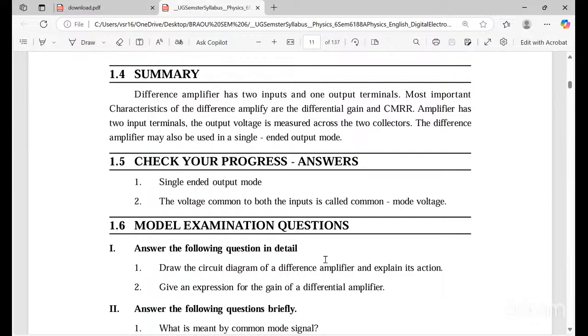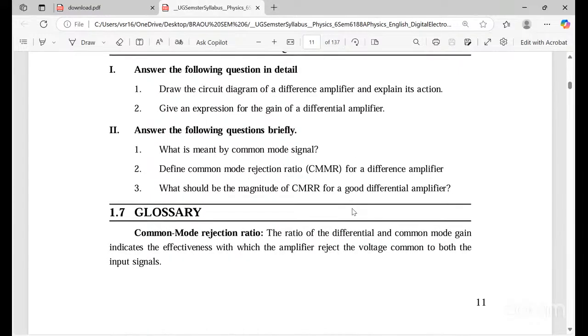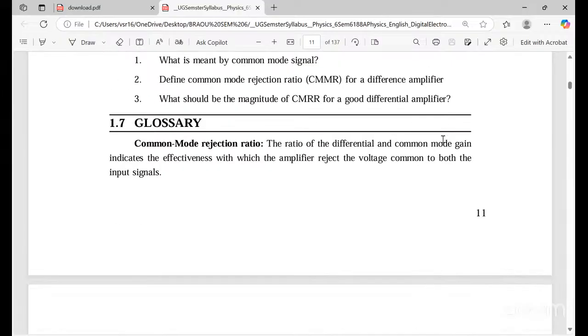From the examination point of view: in detail, draw the circuit diagram of the differential amplifier and explain its action. Give an expression for the gain of the differential amplifier. Is it clear? CMRR also, common mode rejection ratio.